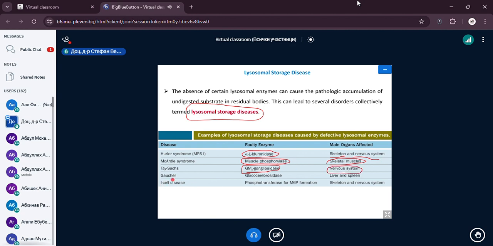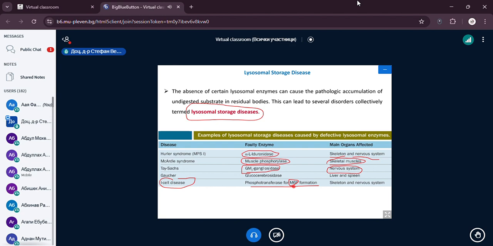And here you see a disease which is called I-cell disease, or the disease of empty lysosomes. Here, the enzyme marking the lysosomal enzymes is defective and is not active. So lysosomal enzymes cannot be marked with a phosphate residue on their mannose.